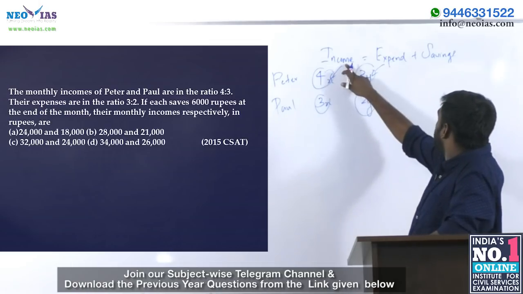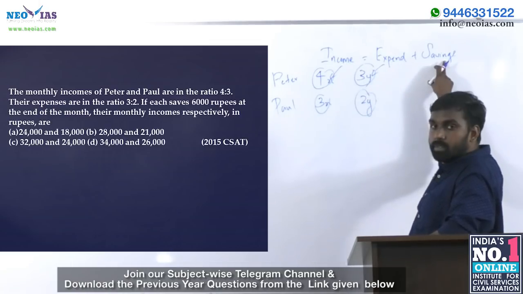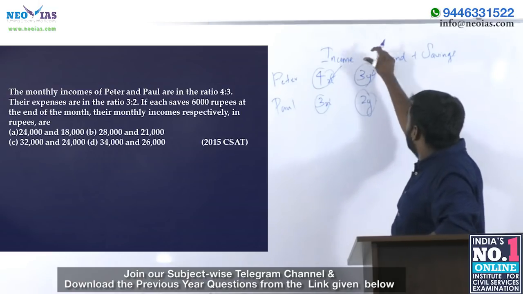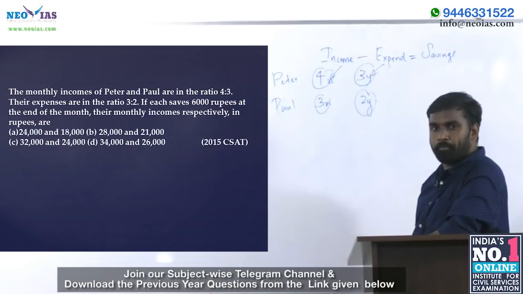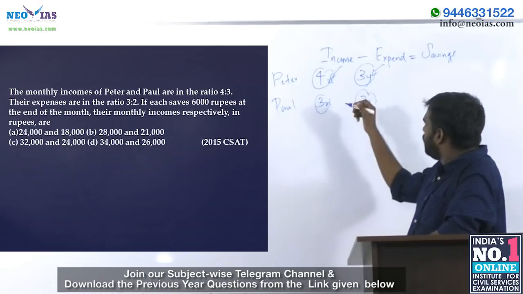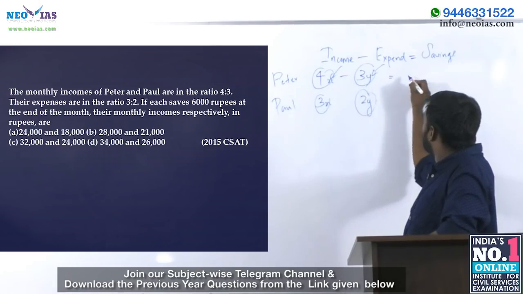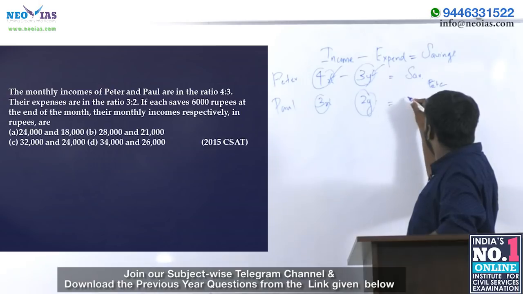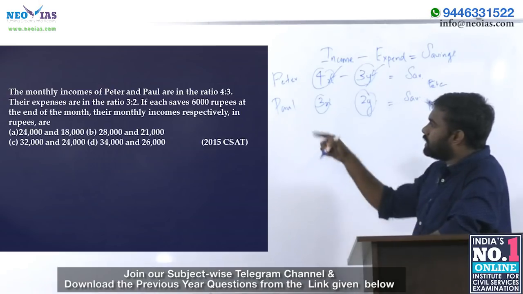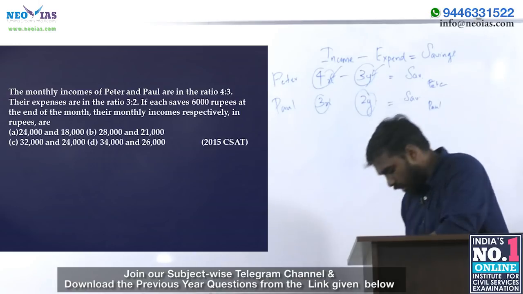Income equals expenditure plus savings, so income minus expenditure gives savings. Here 4x minus 3y is the savings of Peter, and 3x minus 2y is the savings of Paul, and that is given as 6,000.